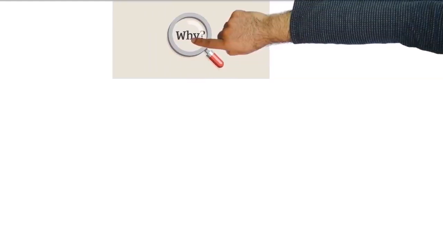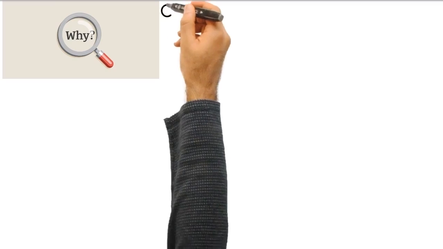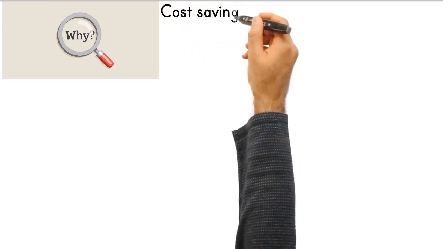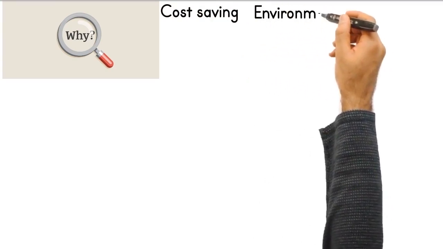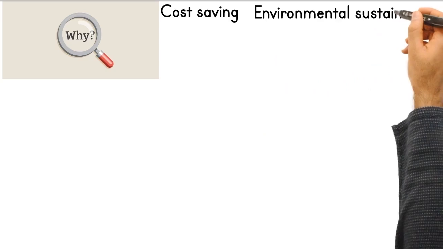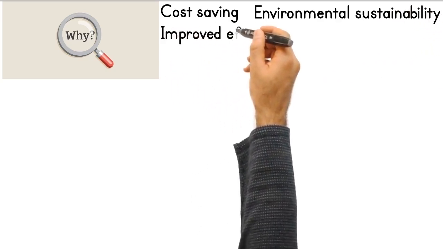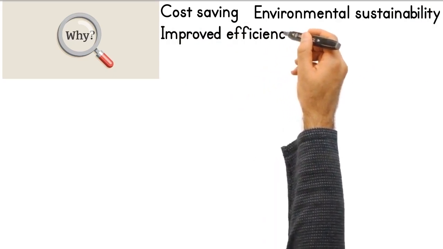Why is material loss reduction important? Reducing material loss is critical for several reasons. By reducing material waste, organizations can significantly lower the costs associated with raw material procurement, handling, and waste disposal. Reducing material loss helps minimize the environmental impact of production.